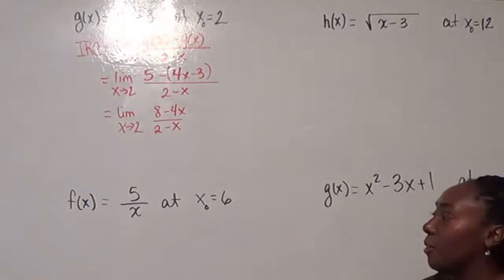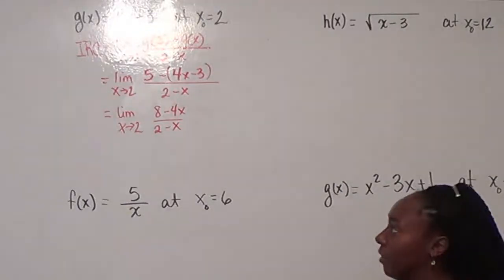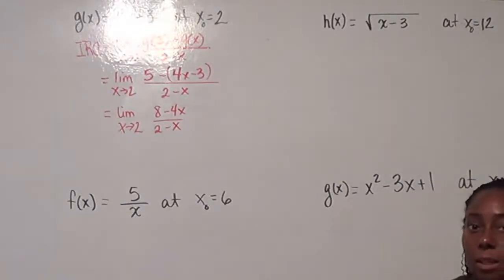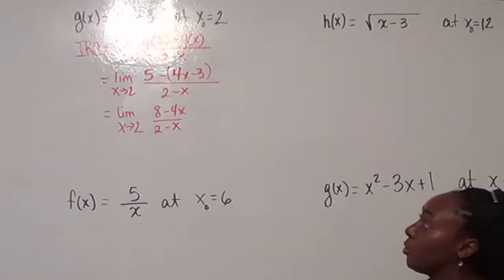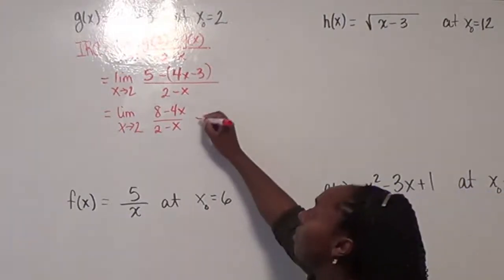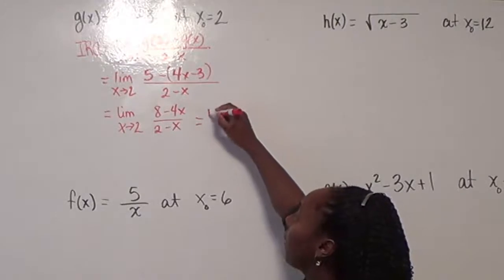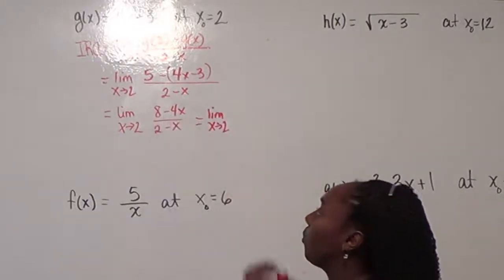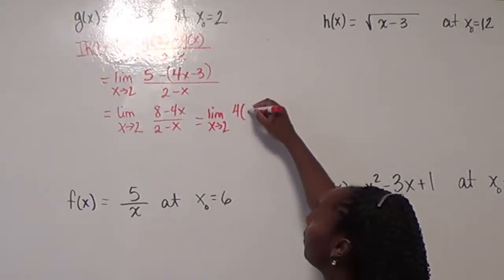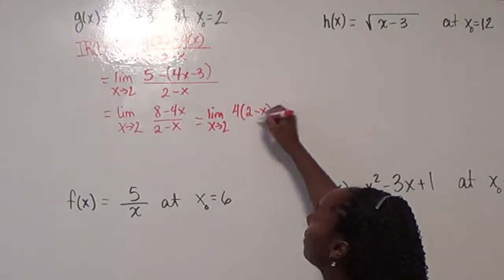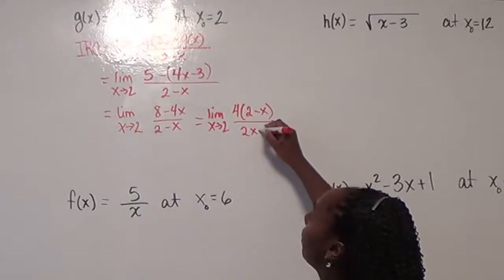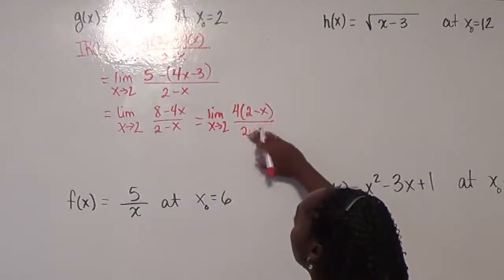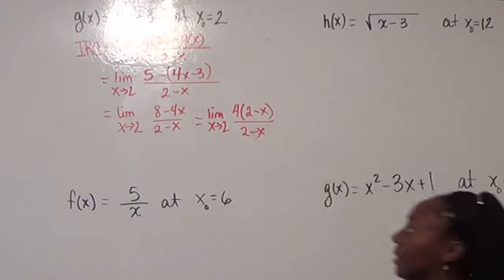At first look, this is fairly difficult to find the limit. But if you take a slightly closer look, you'll notice that the numerator can be factored. I can pull a 4 out of the top, and I'll get a 2 minus x over 2 minus x.